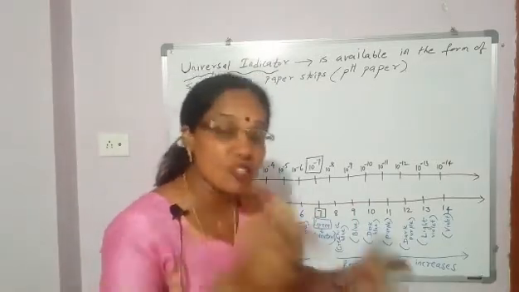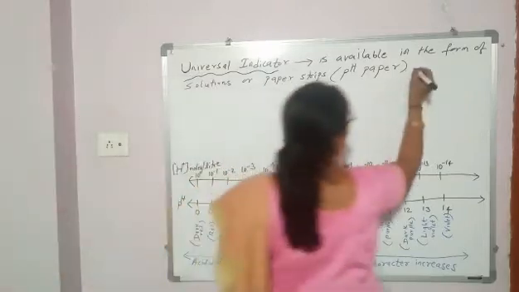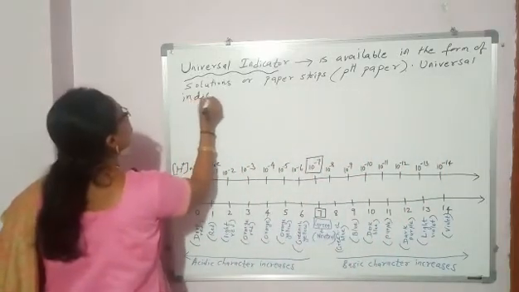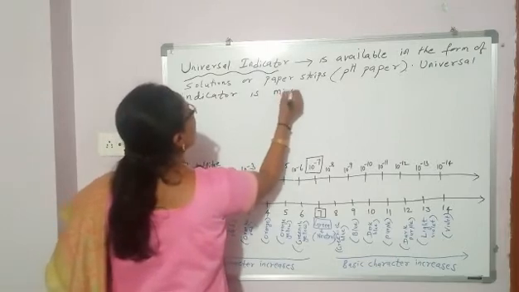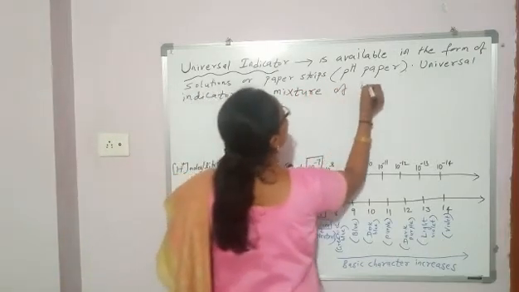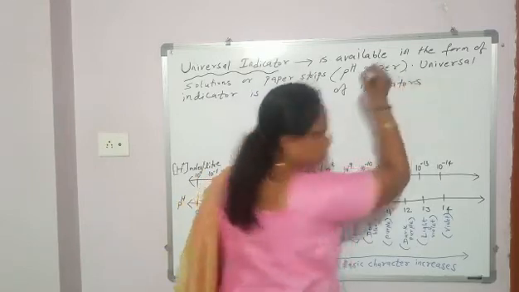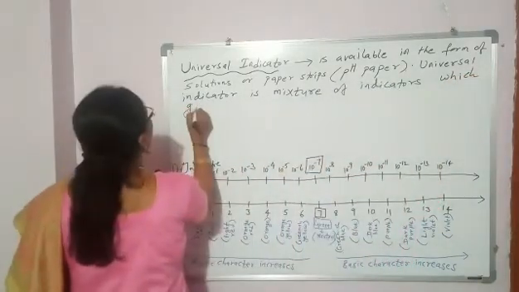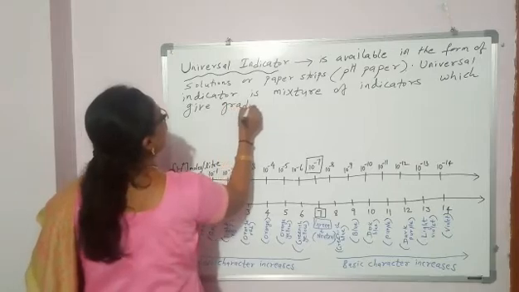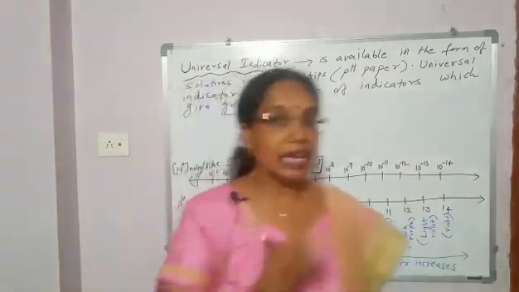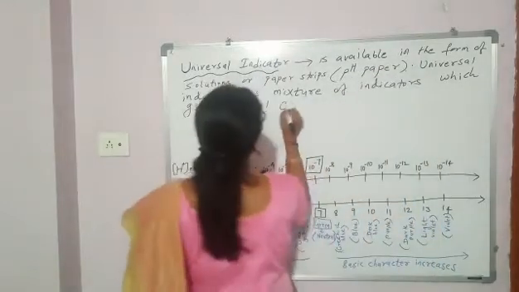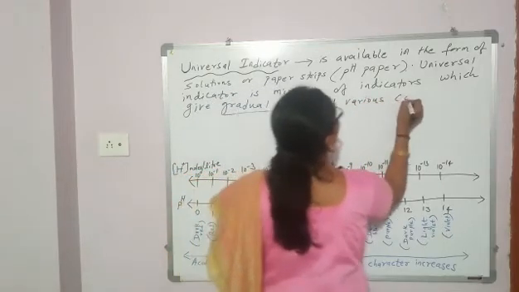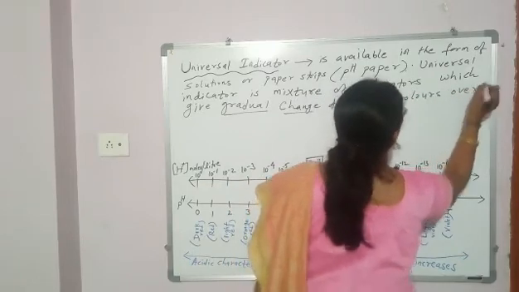Now, what is universal indicator? Universal indicator is a mixture of indicators which give gradual change of various colors over a wide range of pH.